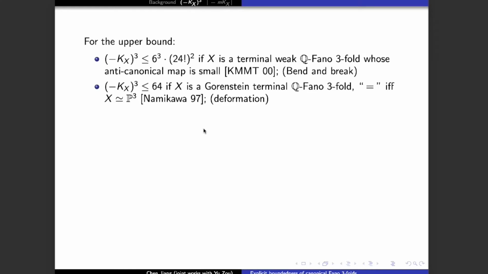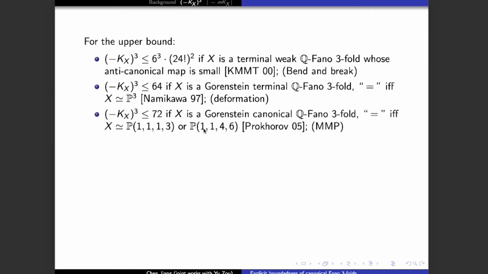And then Prokhorov dropped the terminal condition. He showed that if X is Gorenstein and canonical, then the upper bound is 72. And it is also optimal because he showed that equality holds if and only if X is this weighted projective space.